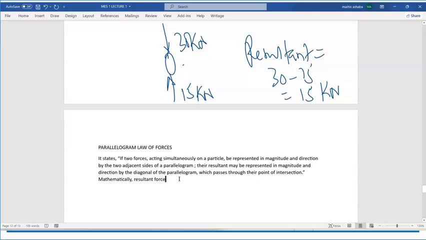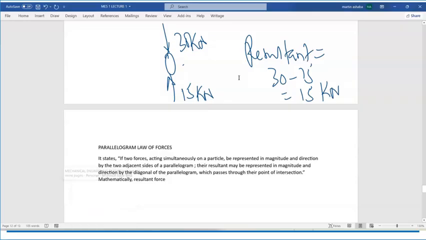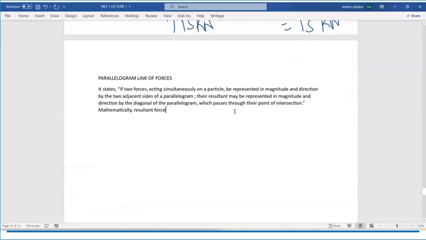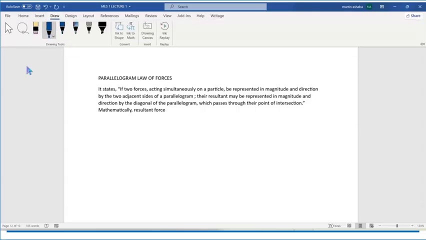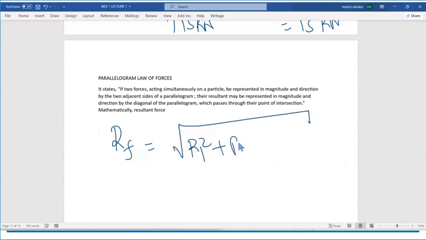And mathematically, the resultant force would be like this. The resultant force R would be the square root of R1 squared plus R2 squared plus 2 R1 R2 cos theta, whereby theta is the angle between the two forces.